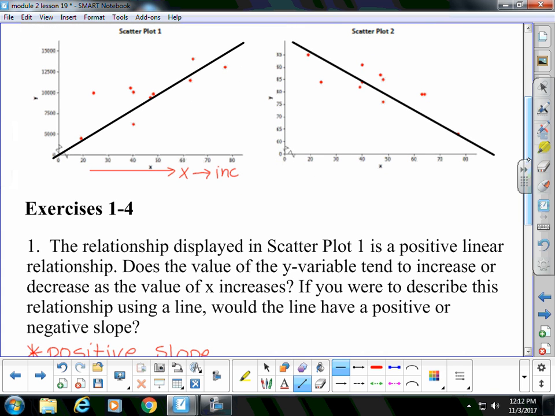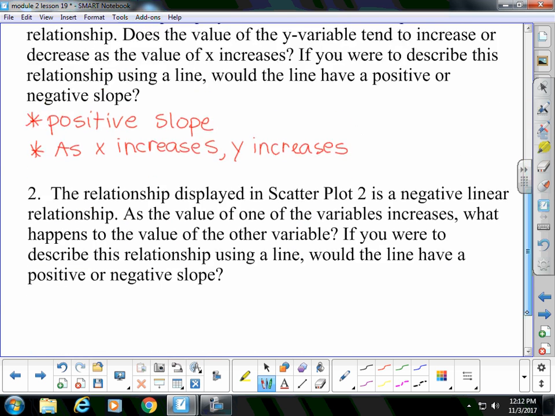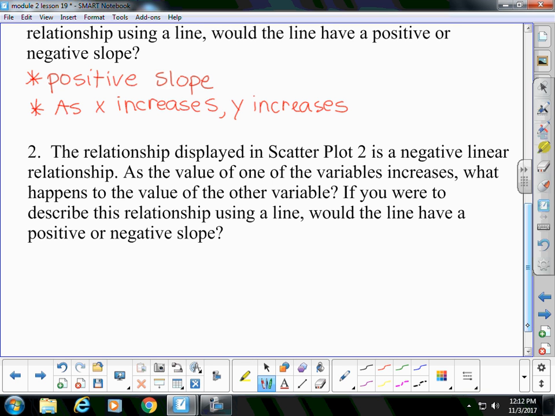So what that means is as x increases, gets bigger, so notice how the number line's been 20, 30, 40, so it's getting bigger, the y values are getting smaller. Okay, so this one would have a negative slope. And what that means is that as x increases, y decreases.